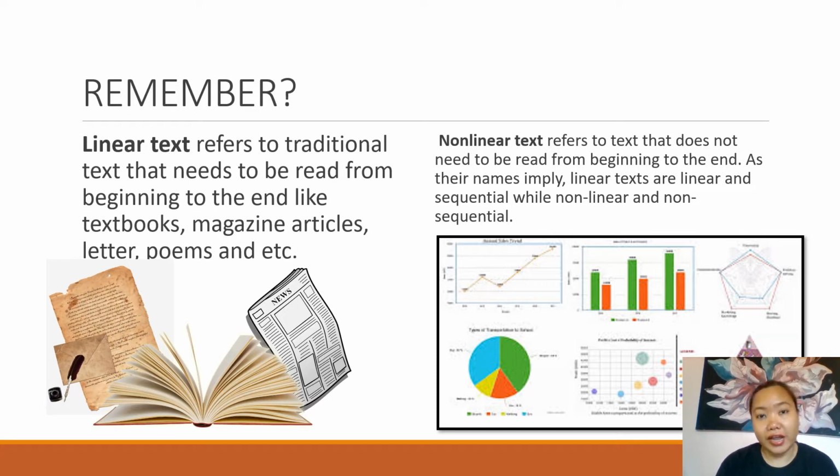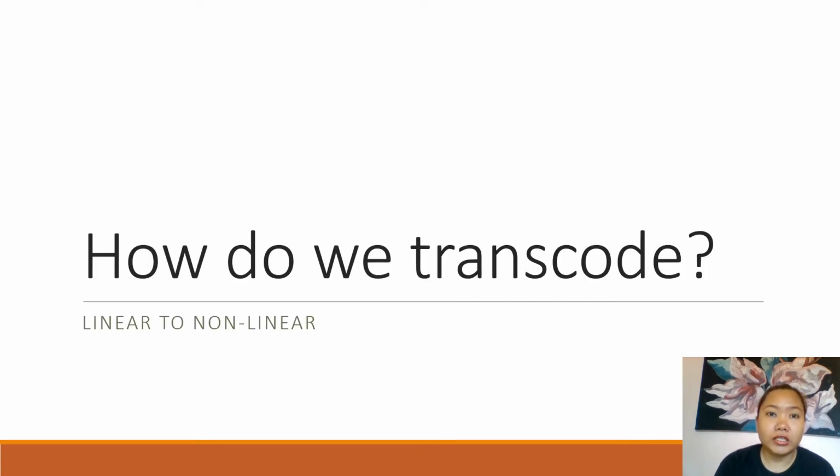On the other hand, nonlinear text is the kind of text that you don't read from beginning to end, and you have different ways of reading it. Examples are the different kinds of tables and graphs, like the pie chart, the bar graph, the line graph, the concept maps, and the pictographs. Today we'll focus more on how to transcode.